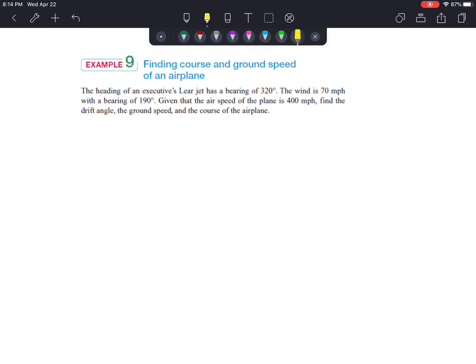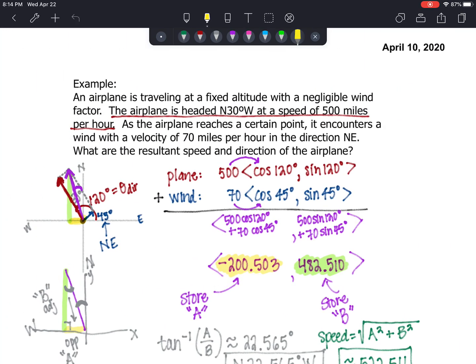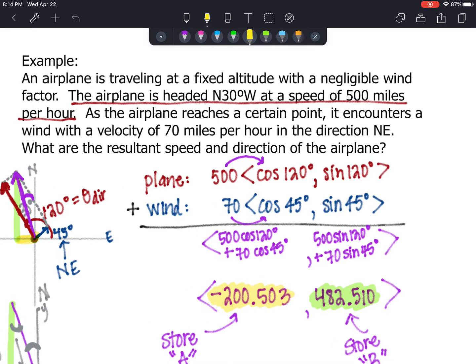The heading of an executive's Learjet has a bearing of 320 degrees. A bearing of 320 degrees. Now that's different than the bearing we talked about in the previous problem, where the bearing was north 30 degrees west.